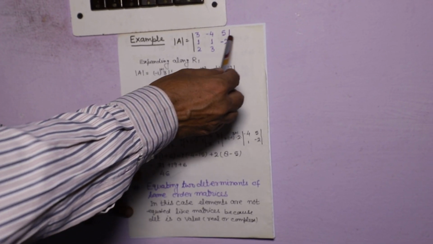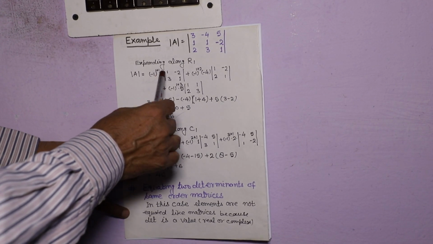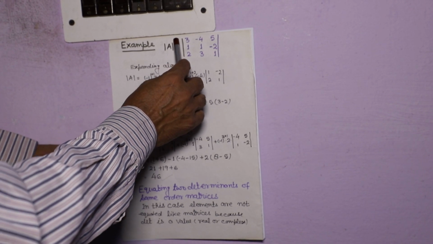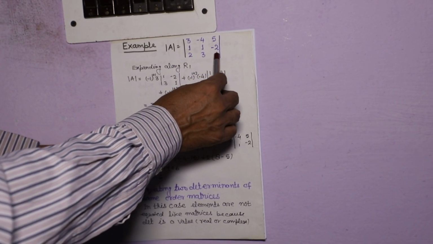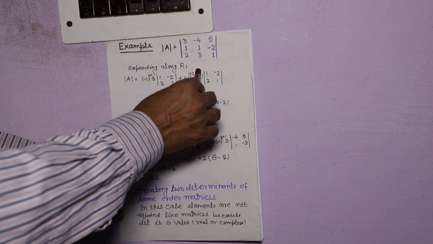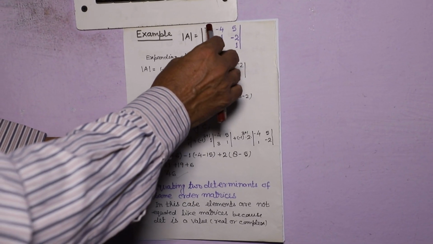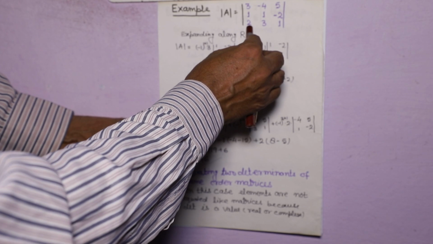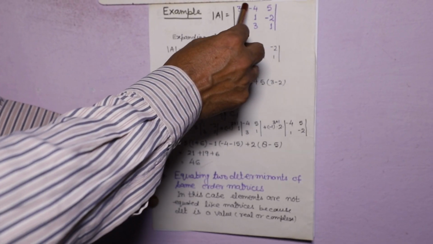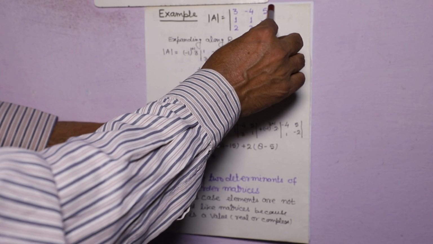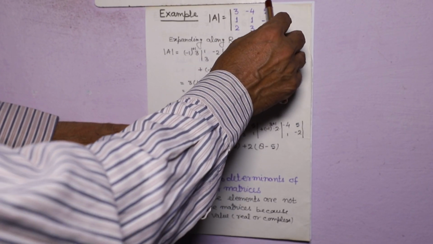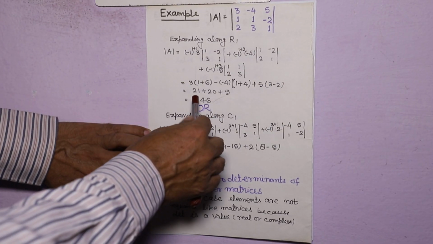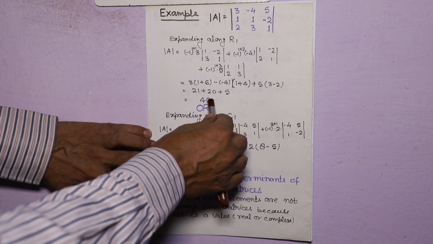Expanding it along the first row, that is R1, determinant A is minus 1 to power 1 plus 1 into 3, and the determinant obtained by deleting the element of first row first column, that is 1 minus 2, 3 1, plus minus 1 to power 1 plus 2 into minus 4, and the determinant obtained by deleting the element of first row and second column, that is 1 minus 2, 2 1, plus minus 1 to power 1 plus 3 into 5 into the determinant obtained by deleting elements of first row and third column, that is 1 1, 2 3. Simplifying it, we get 21 plus 20 plus 5, that is 46.